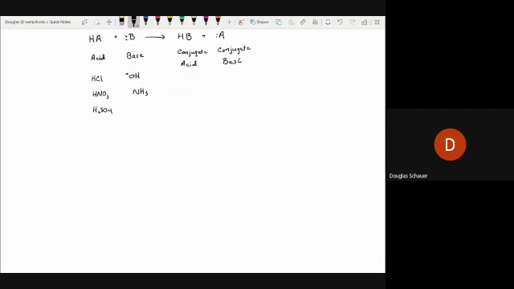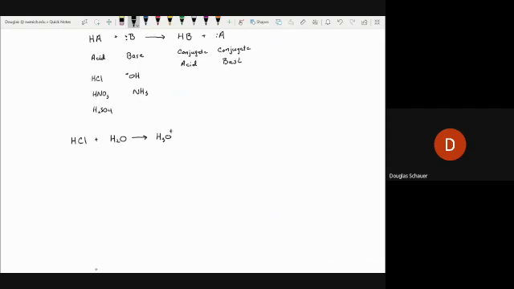Okay, so one thing that acids do commonly is they react with water. Okay, so if we take HCl and we dissolve that in water, what's going to happen is we're going to transfer that proton from the HCl to the water, which winds up giving the water a positive charge.